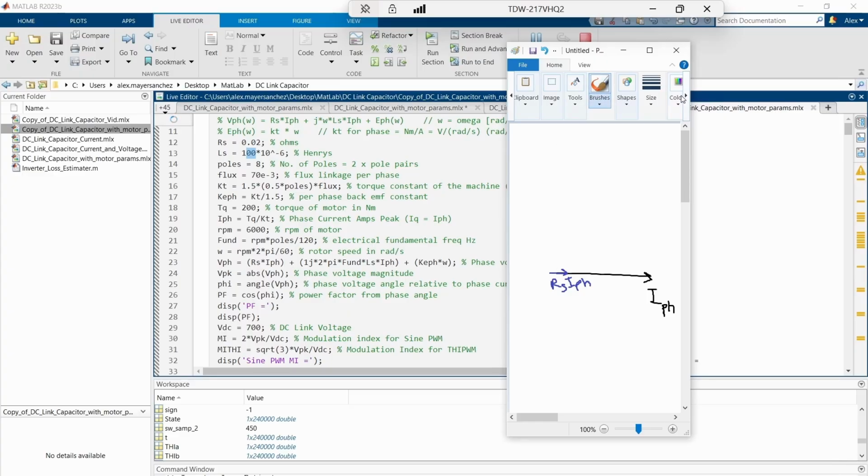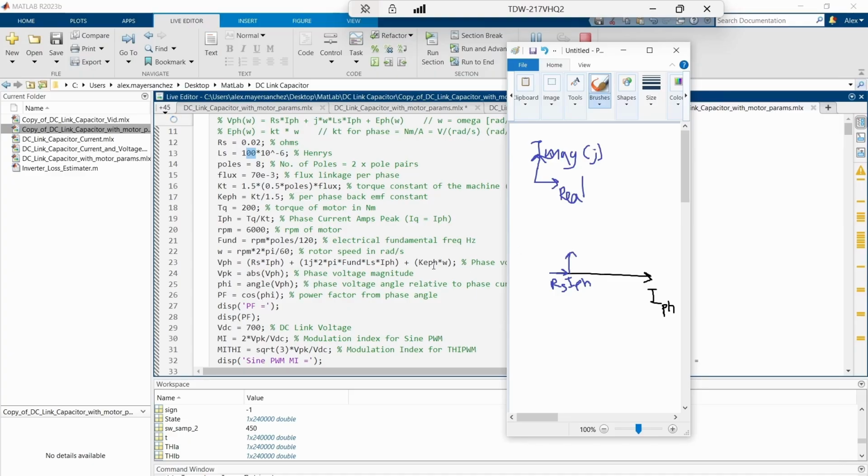So that basically puts us, this is real, and this is imaginary. So J times 2 pi times fundamental times L series times I phase, we end up getting a vector in this direction.